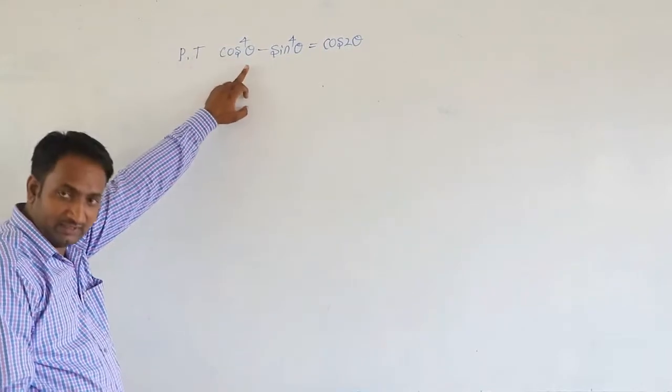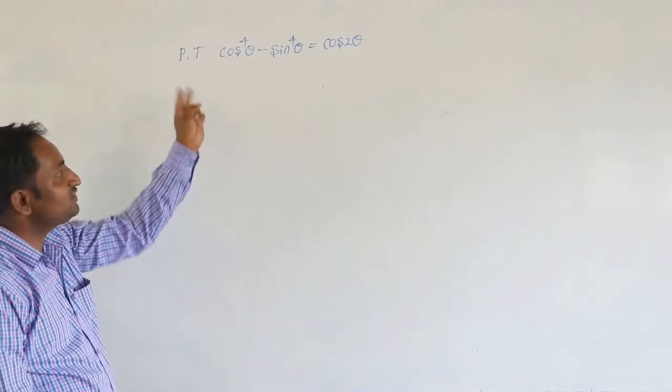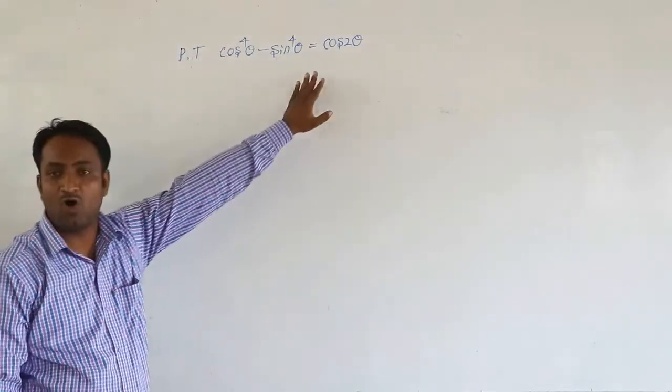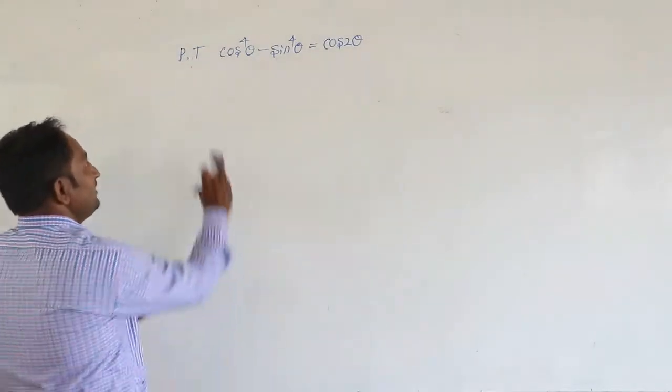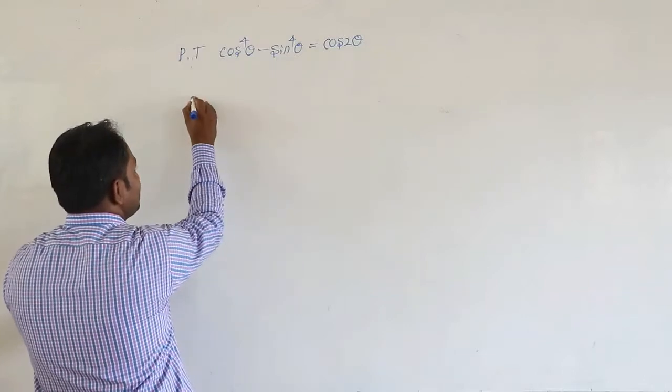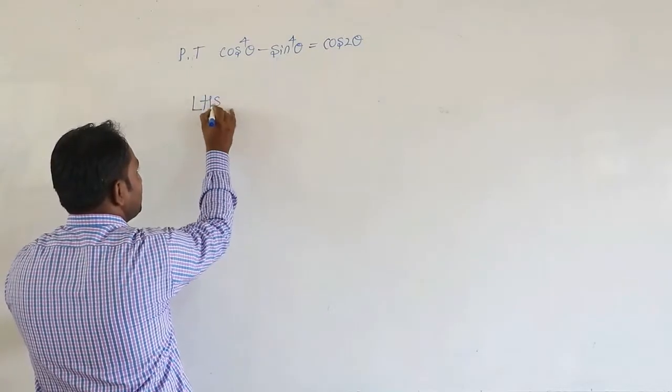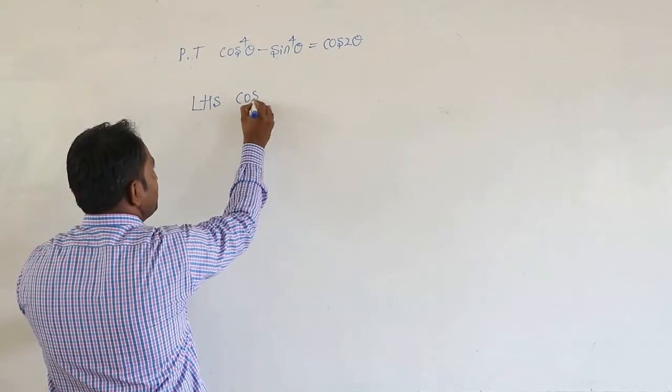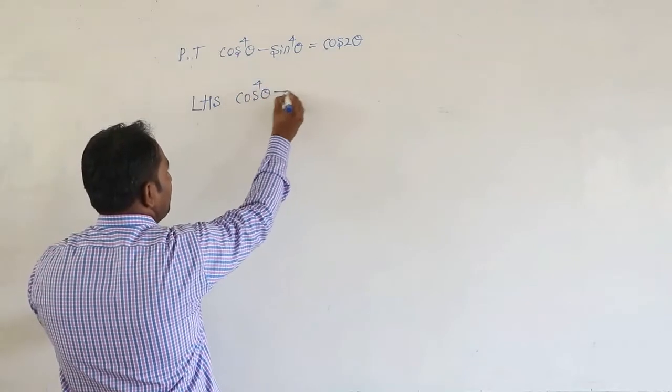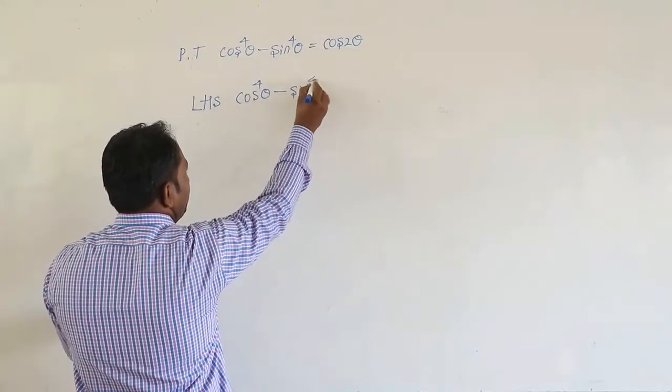Here, the next problem is cos raised to 4 theta minus sin raised to 4 theta is equal to cos of 2 theta. Consider LHS. That is cos raised to 4 theta minus sin raised to 4 theta.